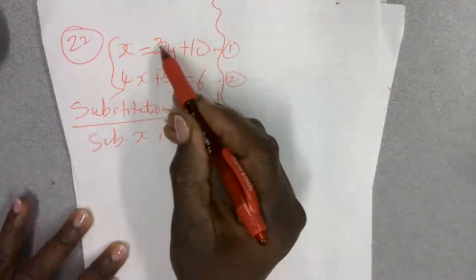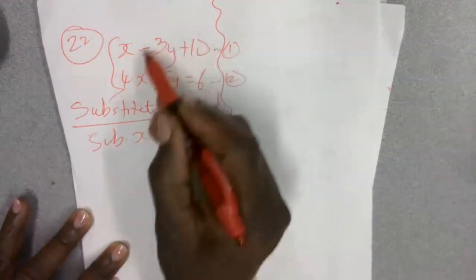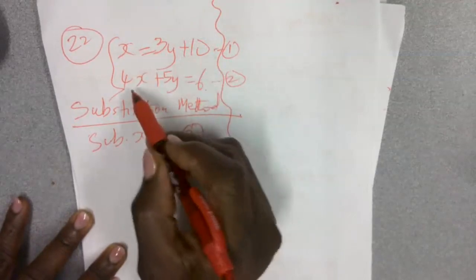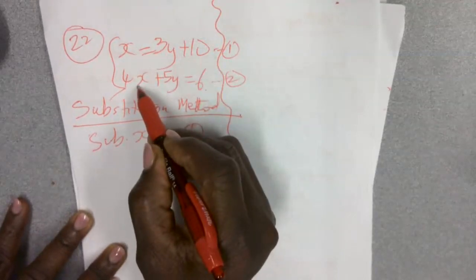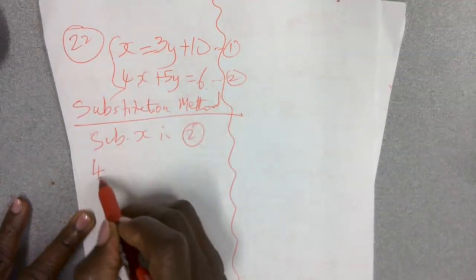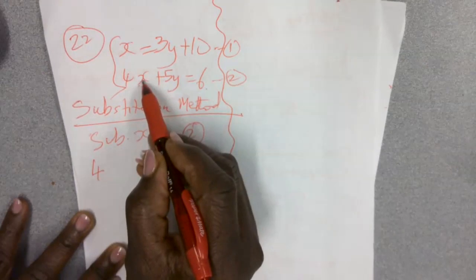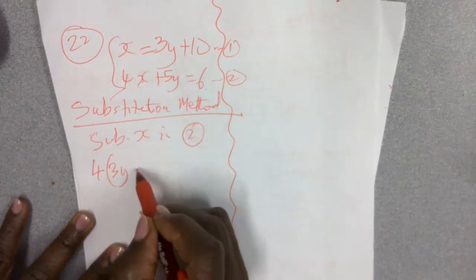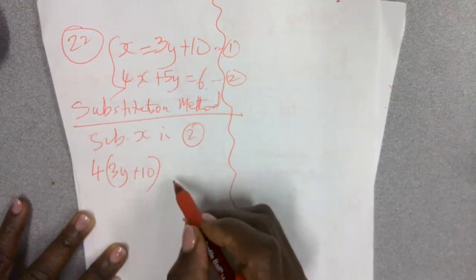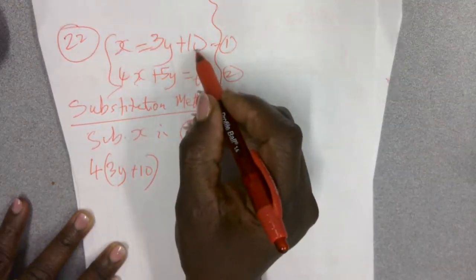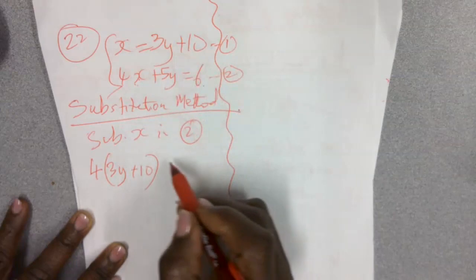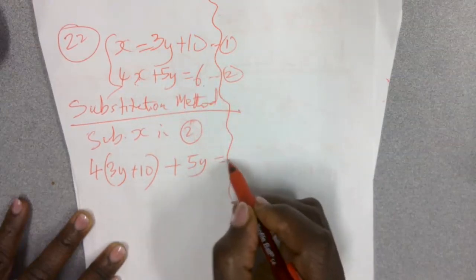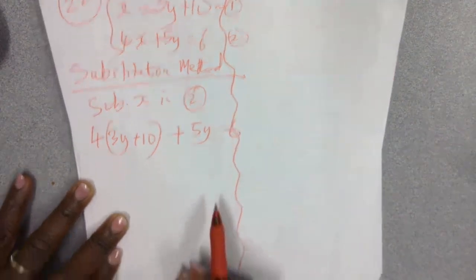So the value of x is this. Whenever I see x in equation 2, I will put in 3y plus 10. So right here, I have 4x. Instead of writing x here, I will write 3y plus 10. And then that equation contains 3y plus 10 plus 5y equal to 6.